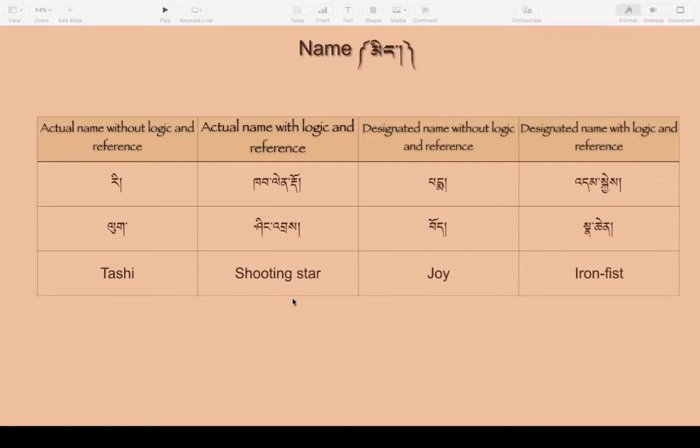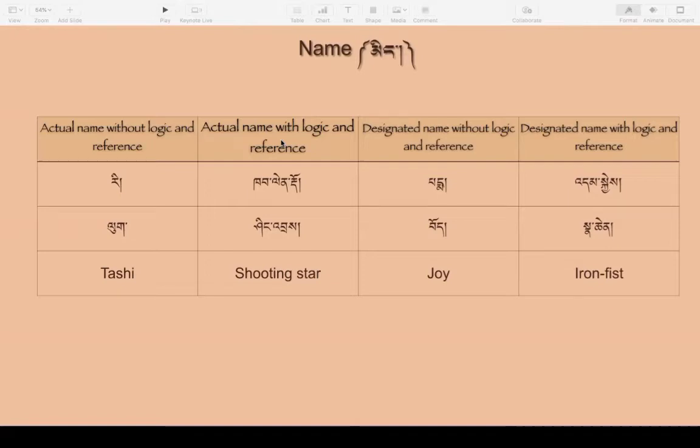These are all actual names because the shooting star actually refers to the very thing that is the comet, but it's called the shooting star because of the particular way it is traveling in space. So there is a logic and reference here. Therefore, these are actual names. Actual name means these represent the very thing that they are referring to.